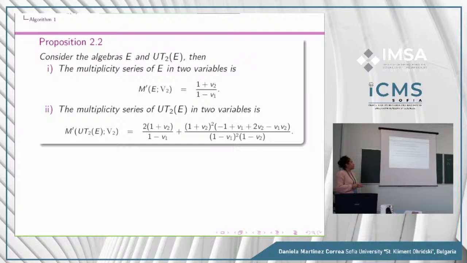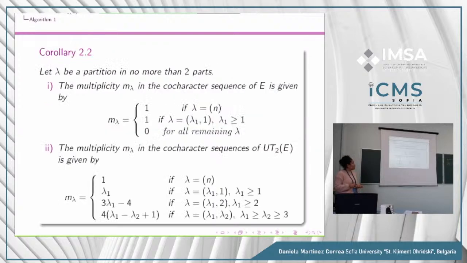Okay, and after that we have to write this series like a power series, and we found the multiplicities n lambda. Okay, note that these multiplicities match the results of Olsson and Regev and Centrone. But this result is a partial result because we only have the information about the multiplicities in two parts.